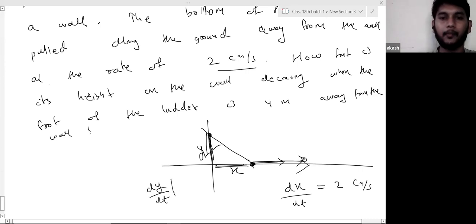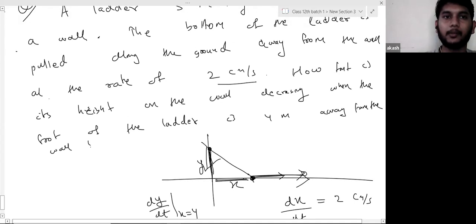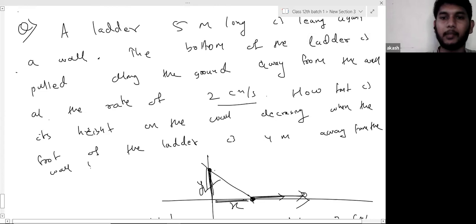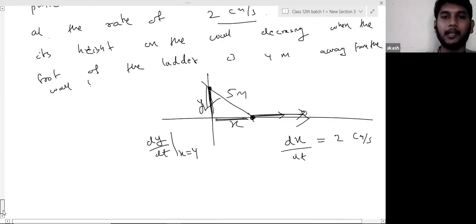They've given you the length of the ladder also, 5 meter long. So at any instant, you can write the relation between these three: x square plus y square equals 5 square. From here, you can find the value of y, you can differentiate and then get the answer.